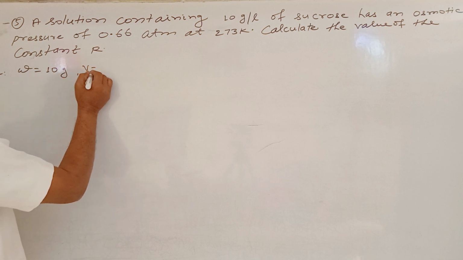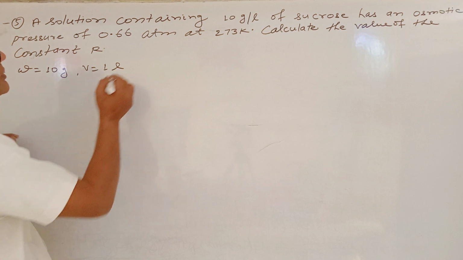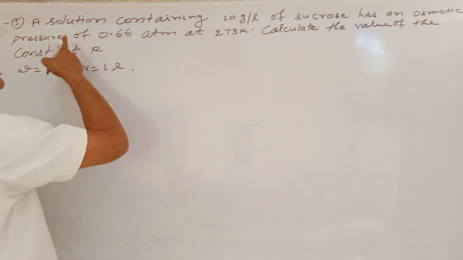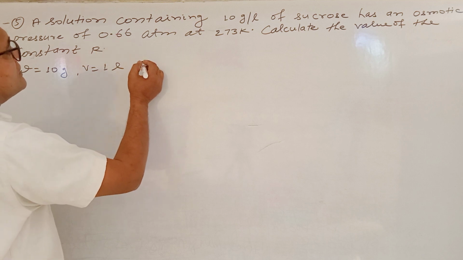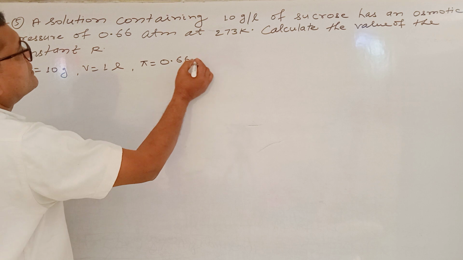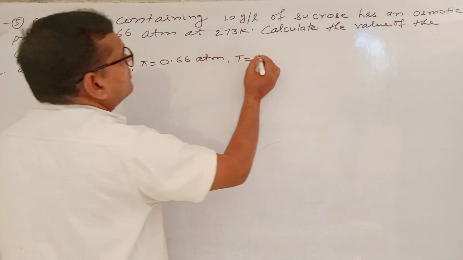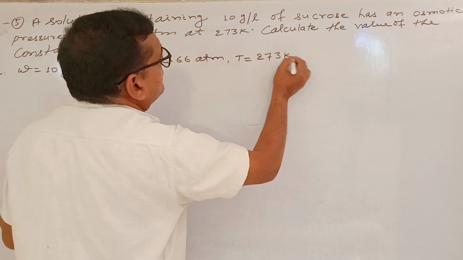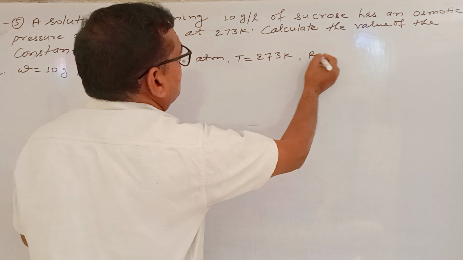Volume V is equal to 1 liter. Per liter means 1 liter. Osmotic pressure of solution is 0.66, therefore pi is equal to 0.66 atm. Temperature T is equal to 273 Kelvin. The value of R is equal to what?